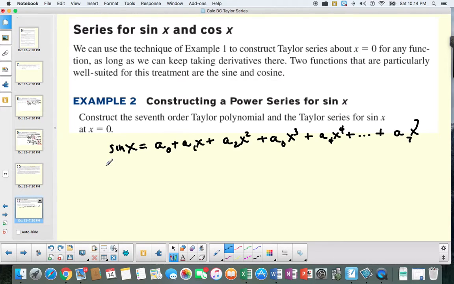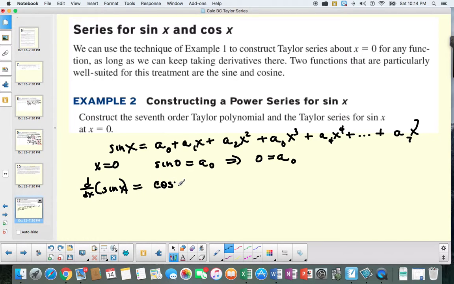All right, so we know we're going to set x equal to 0, and we're going to have sine of 0 equals a sub naught. And sine of 0 is 0, so 0 is equal to a sub naught. Now we're going to take the derivative of sine of x, which is cosine of x, and we're going to take the derivatives of each of these.